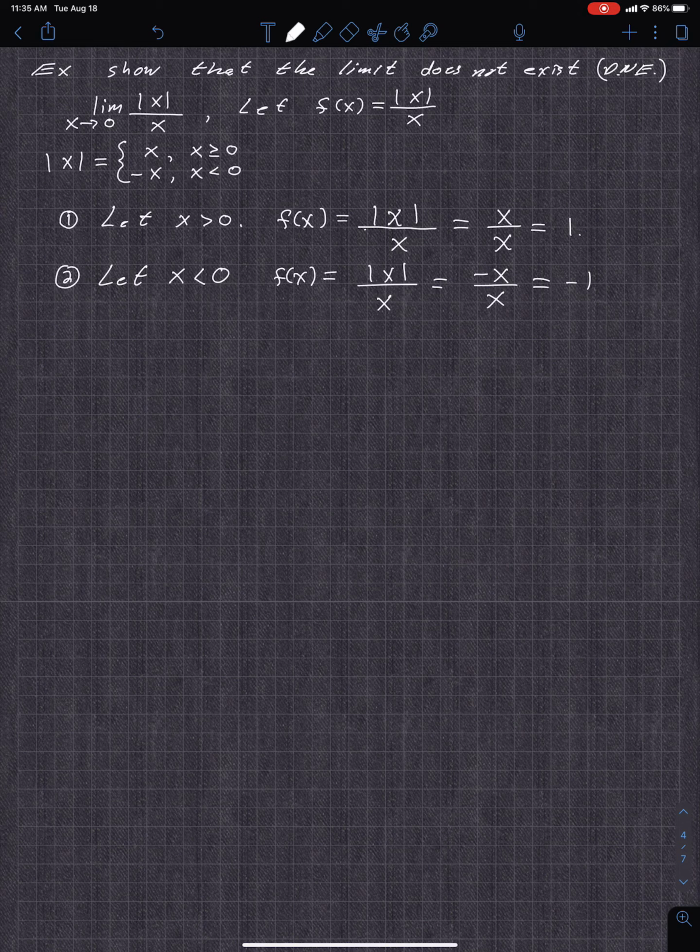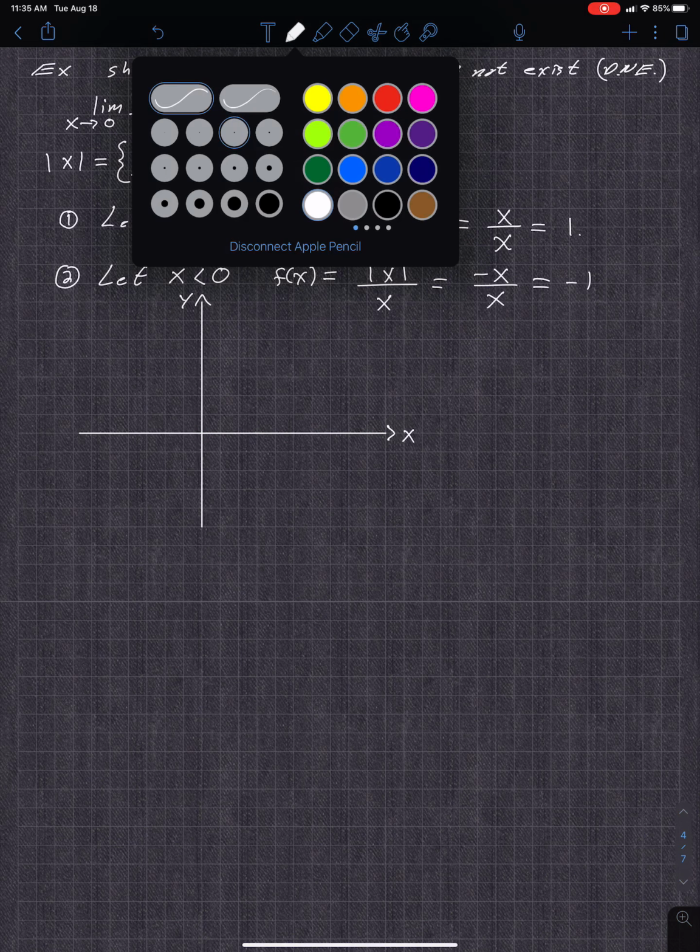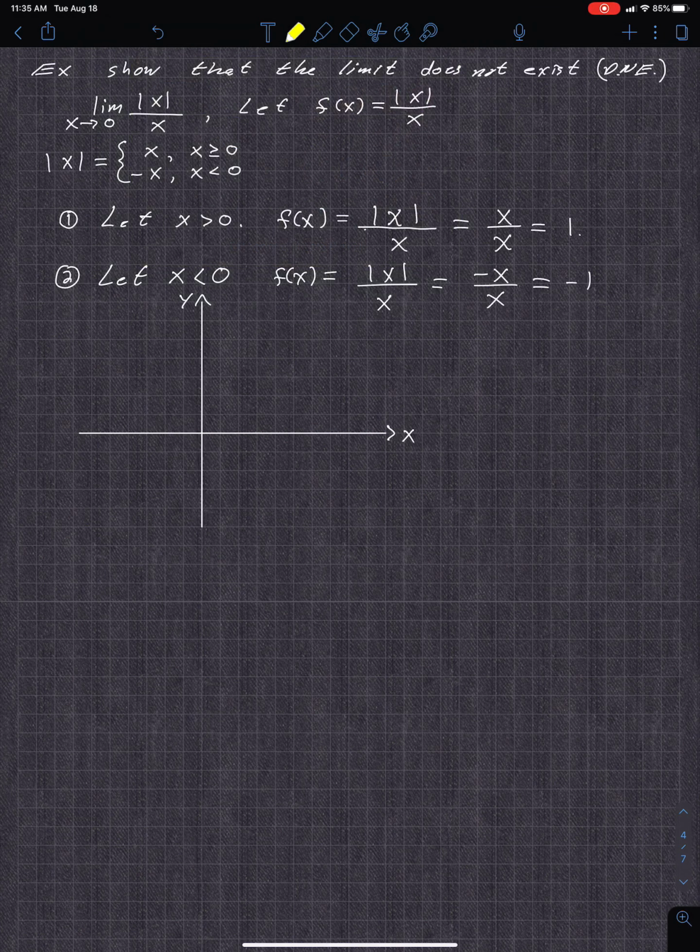So what does that graph look like? So we graph it, and it looked like this. So if x is greater than 0, so we're talking about these values, but not equal to 0, not here, then you get 1.